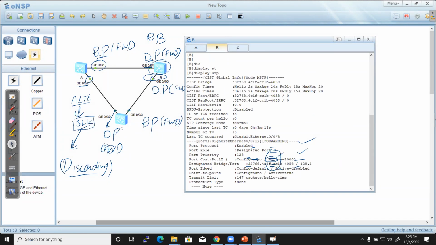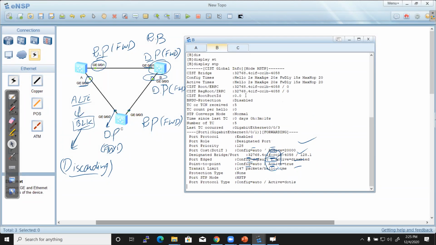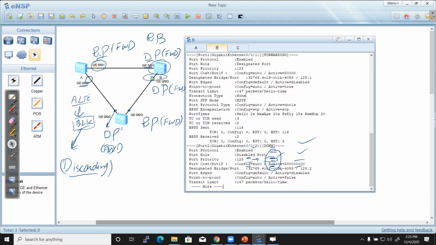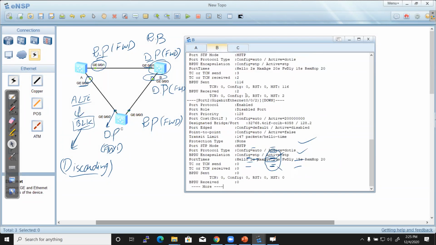Nothing is written over here. Okay, it has not been mentioned here, but the switch with all the interfaces acting as designated ports is always elected as the root bridge.